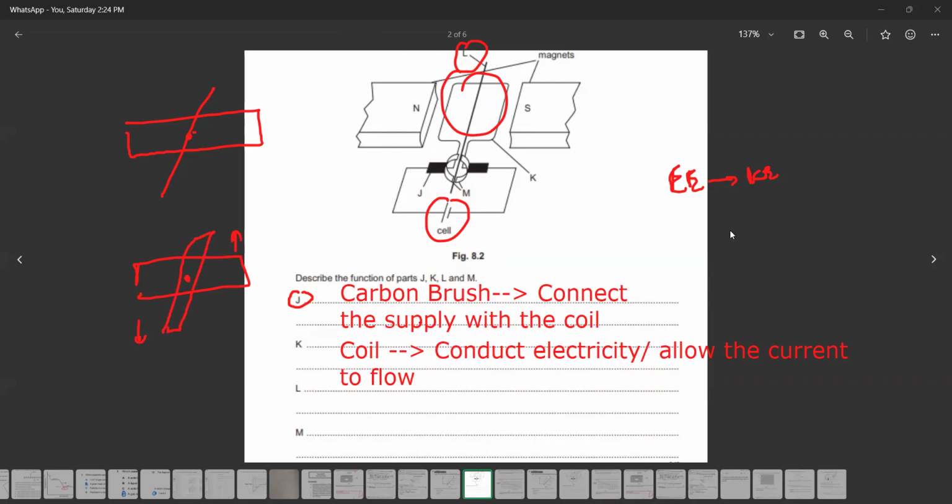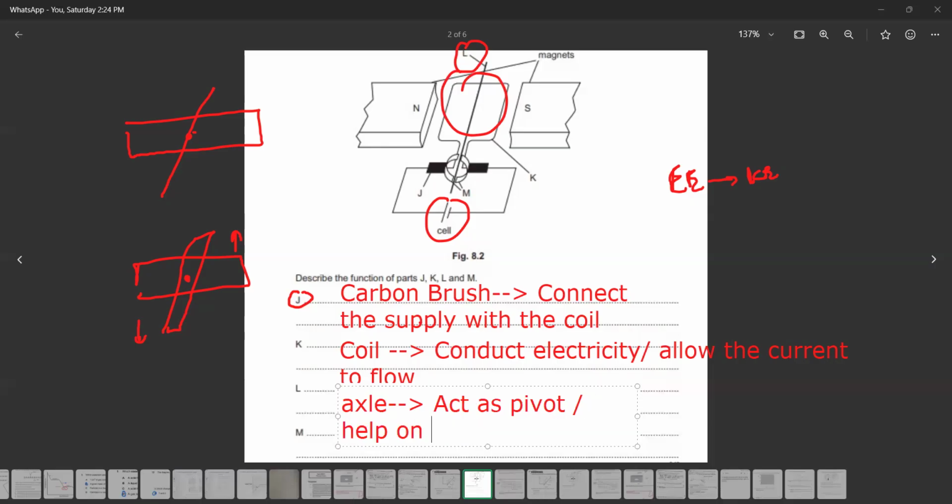So what is the purpose of the axle? Act as a pivot, point of rotation, or help in rotation of the coil. This is a DC motor.